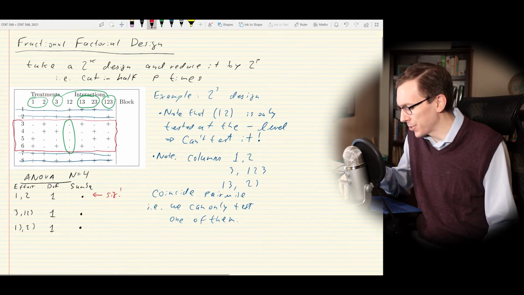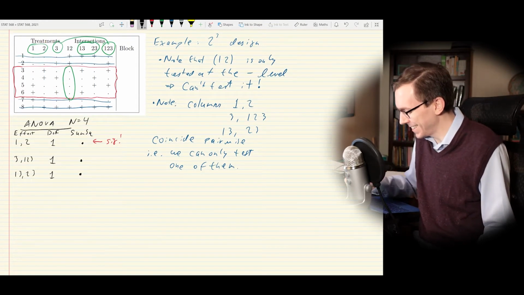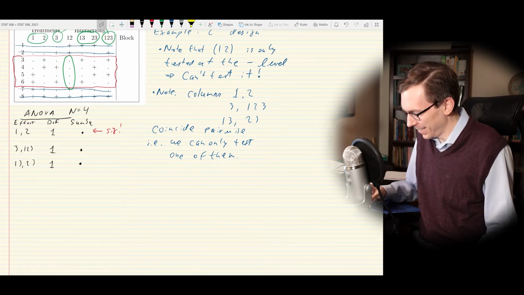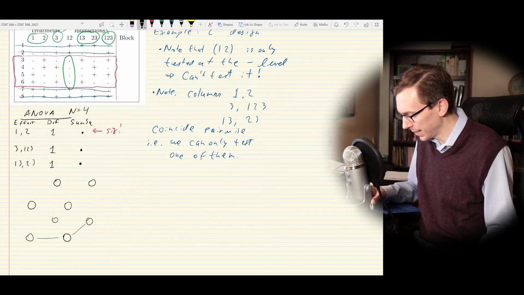Maybe I'll draw that picture just for the geometric minded among us, because I love geometry. We can think of this 2 to the 3 design as a cube, and every data point is going to be a vertex of this cube. So it's going to look something like this.